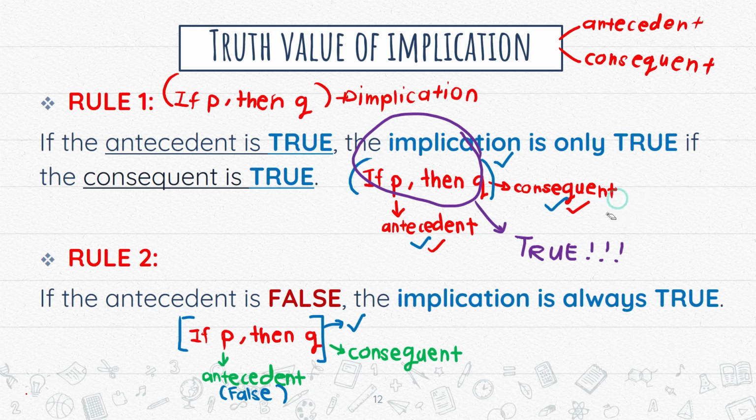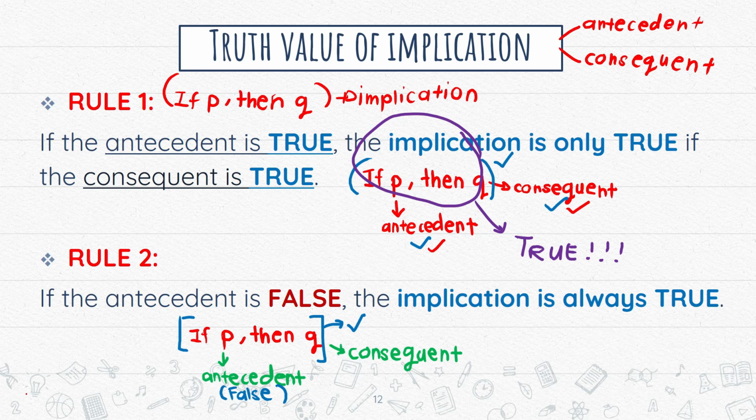Yes. How about rule number 2, teacher? Rule number 2: if the antecedent is false, we only need to see the antecedent. The implication automatically becomes true, even though the consequent is true or false.